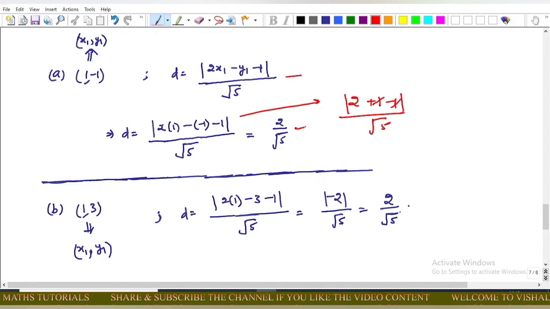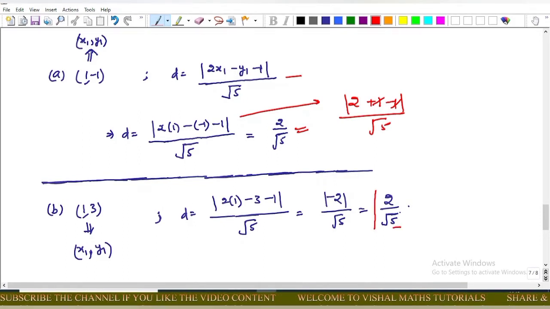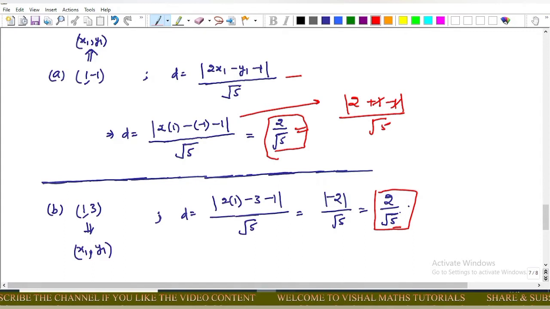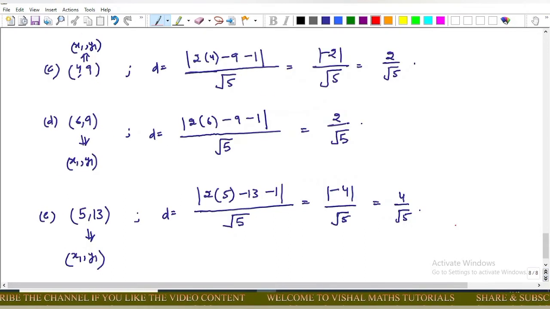This equals 2 upon root 5. And for option B, the point is 1 comma 3, say x1 comma y1. Now in the distance formula, x1 equals 1 and y1 equals 3. Simply put 2 minus 3 minus 1. This equals mod of minus 2 upon root 5, in the same way 2 upon root 5. Now come to the next option.